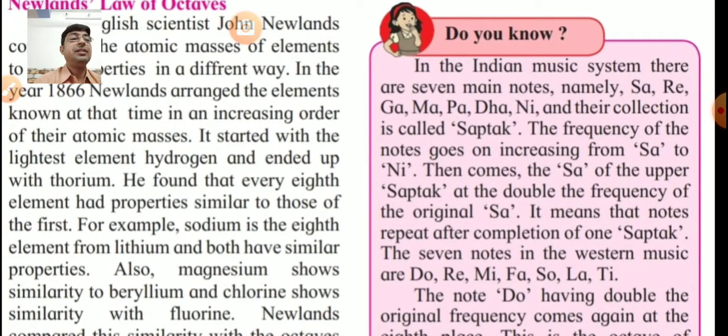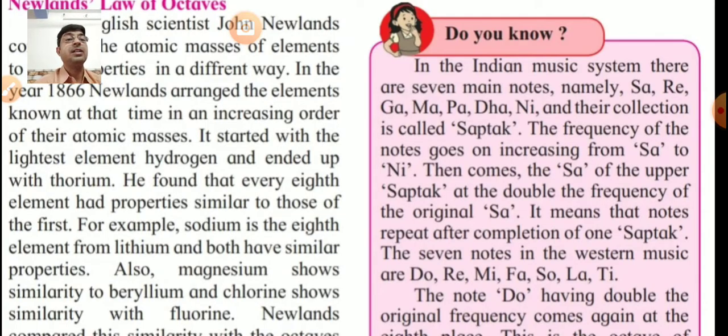in the Indian music system, there are 7 main notes, namely Sa Re Ga Ma Pa Dha Ni, and their collection is called saptak. The frequency of the notes goes on increasing from Sa to Ni. Then comes again the Sa of the upper saptak at double the frequency of the original Sa.